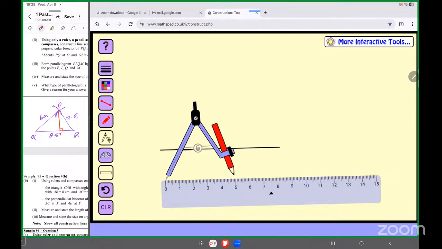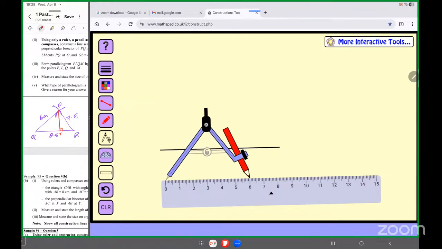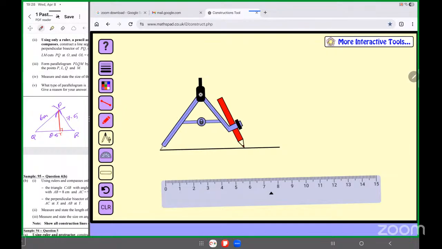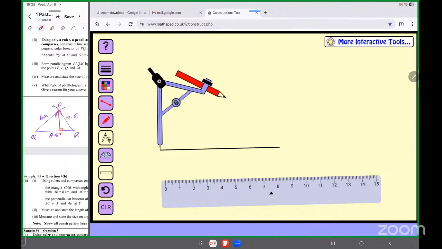Lock it. Then you come to one end and you make an arc. Everywhere on that arc is 6 centimeters.